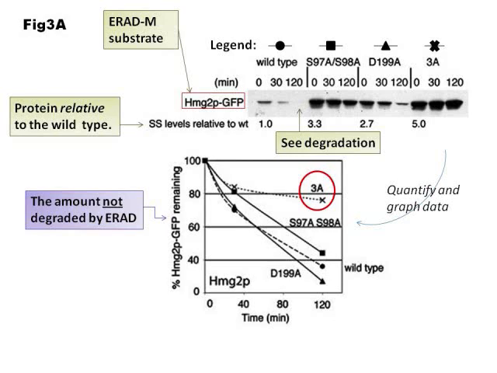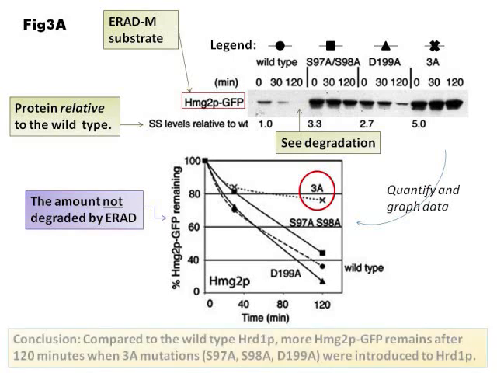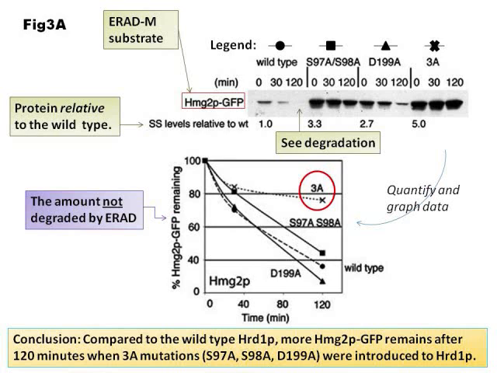As you can see, there is a strong negative slope for the wild-type HRD1P protein. In contrast, each of the mutants have a slope that differed from the wild-type, and when combined in the 3A mutant, indicated in the red circle, approximately 80% of the protein was still left over after 120 minutes.